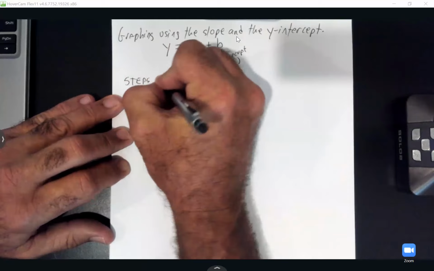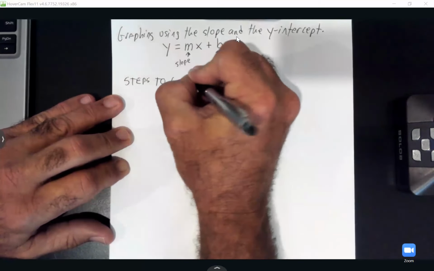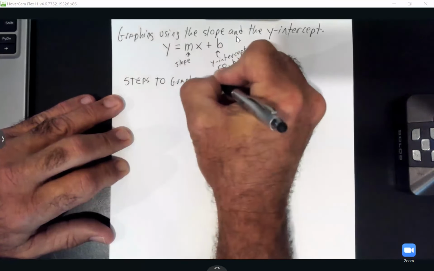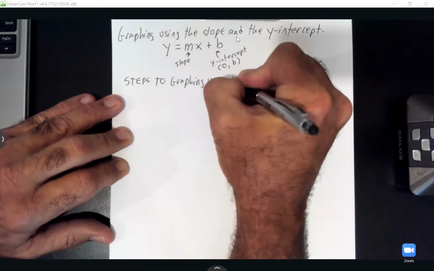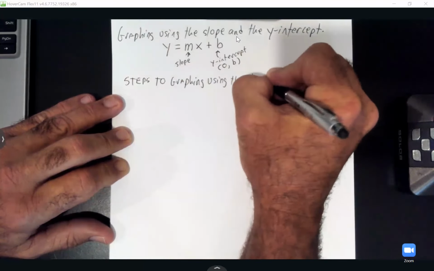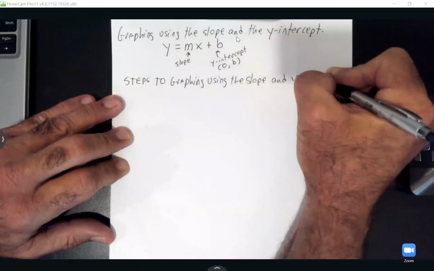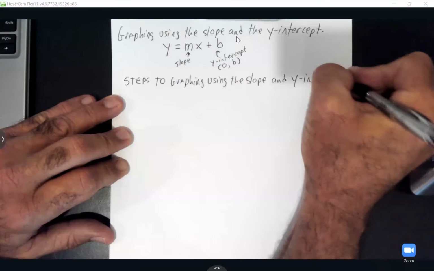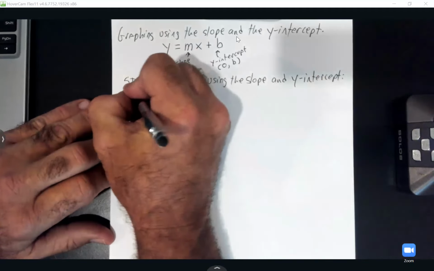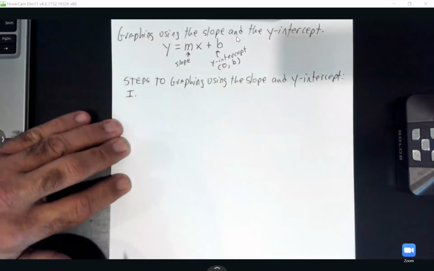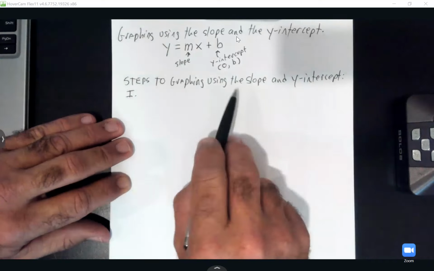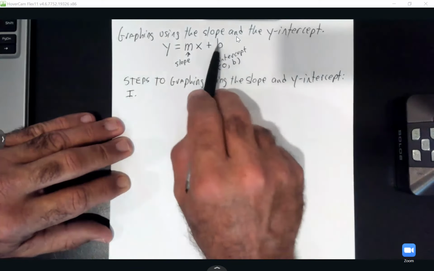So, steps to graphing using the slope and the y-intercept. So y'all, the first thing I'm going to do, they're giving me the y-intercept in the problem.